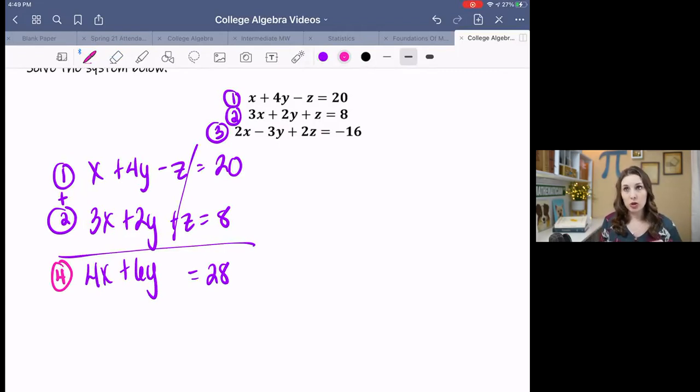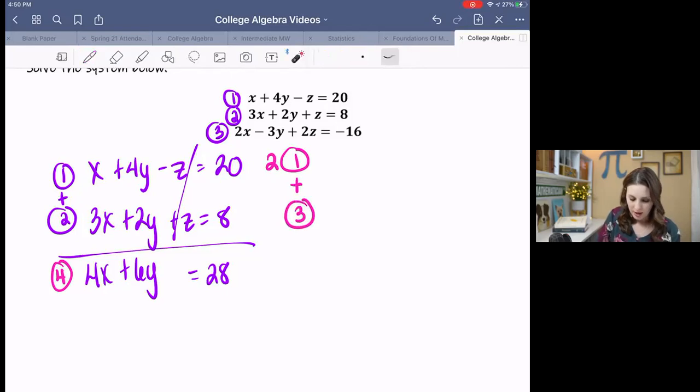Now I need to use two different equations to eliminate z again. You can either use 1 and 3 or 2 and 3, but you don't want to use the same two equations again because we've already used them. We do want to eliminate z. So I am going to choose equation 1 multiplied by 2, plus equation 3.